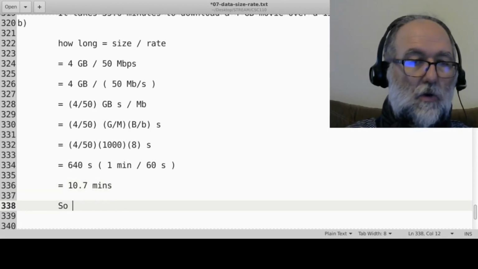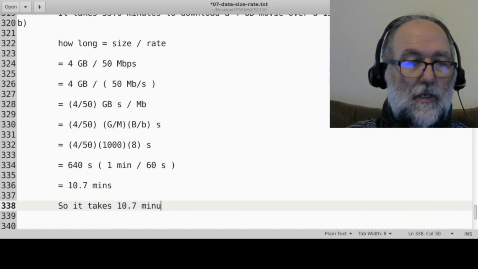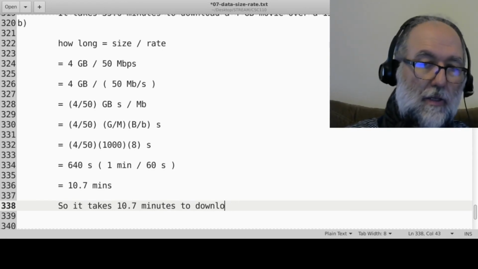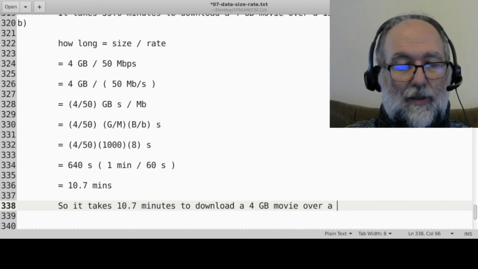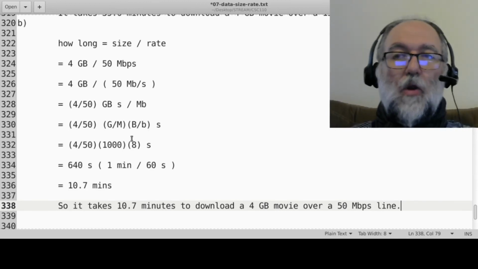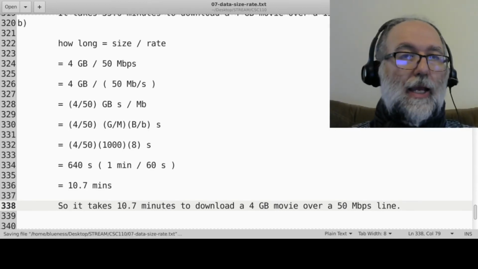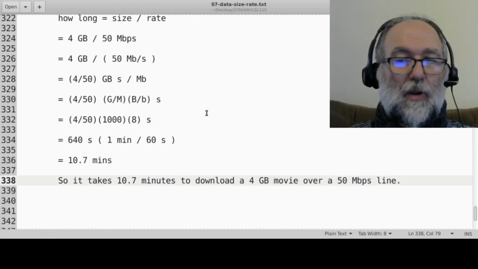Okay, so it takes 10.7 minutes to download a 4 gigabyte movie over a 15 megabit per second line. All right, and that answers part B.